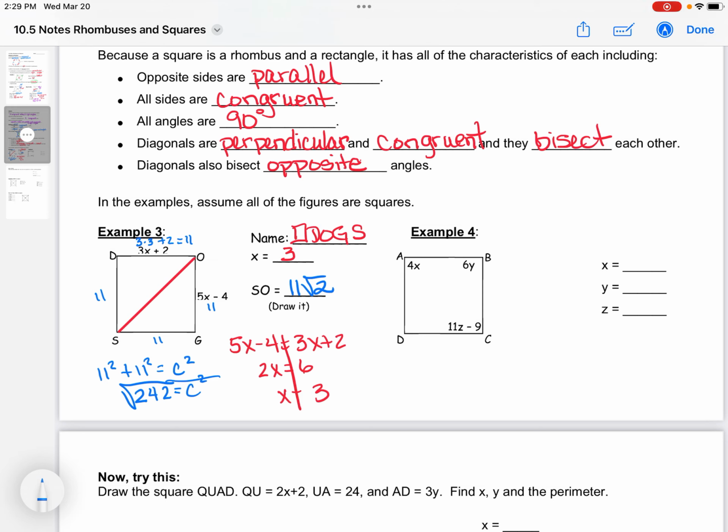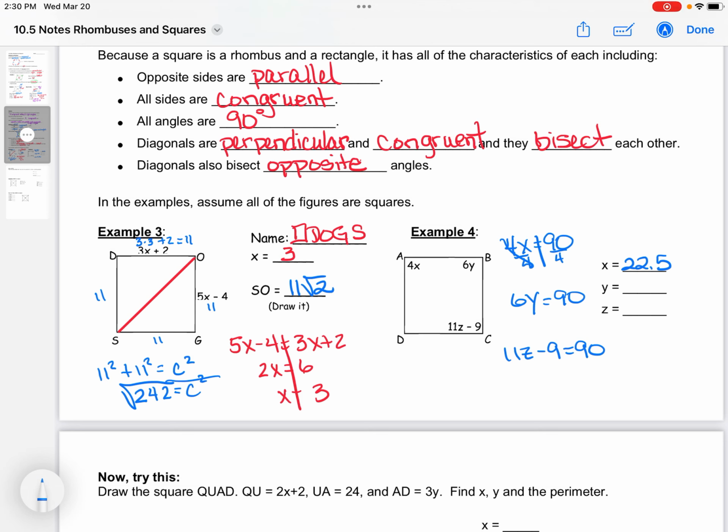Alrighty. The next one we're going to say is ABCD. So this one's easy because 4x equals 90, 6y equals 90, and 11z minus 9 equals 90. So if 4x equals 90, x equals, is it a decimal?